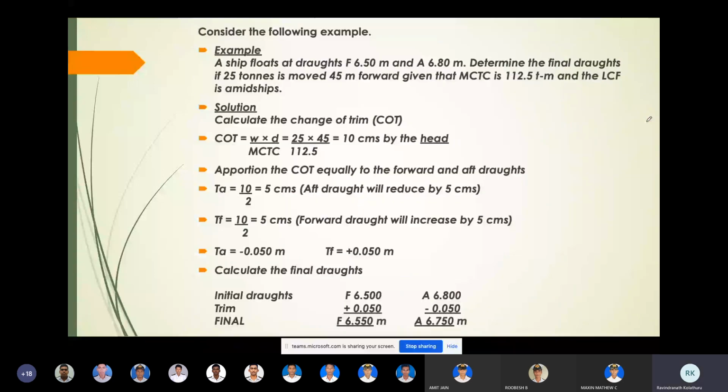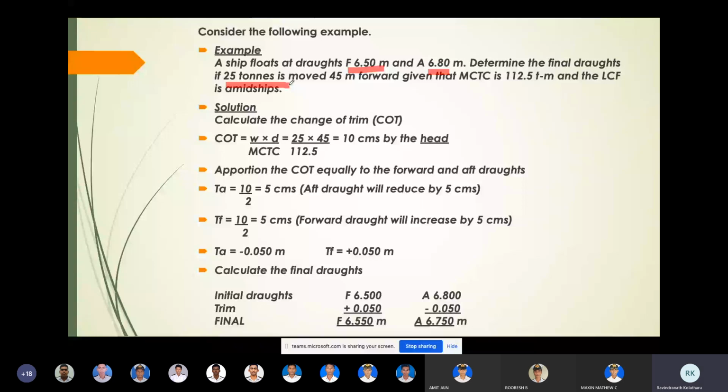A ship floats at draft forward and aft 6.8. So your initial drafts are given to you, and determine the final drafts if 25 tons is moved forward.